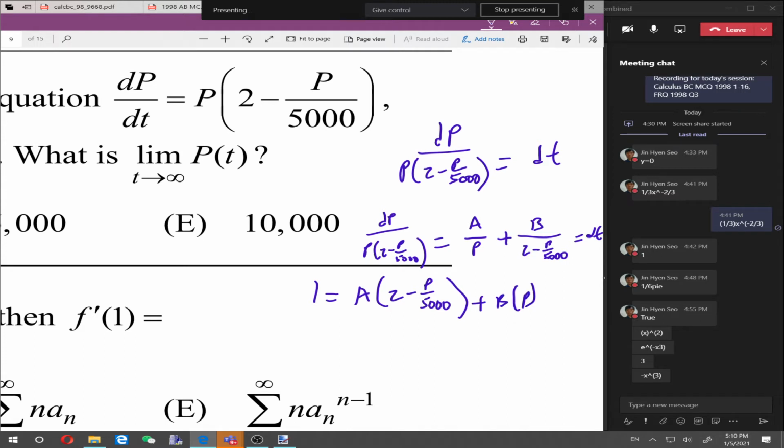And this equation must be true for all values of our population. So you can pick any value for p that you want and plug that in order to solve for a or b. Going over to Andrew, what's one value of p that you could plug in that would make it easy to solve for either a or b?